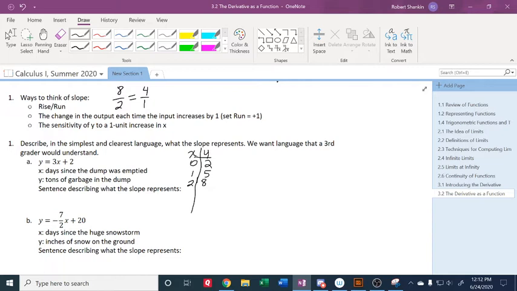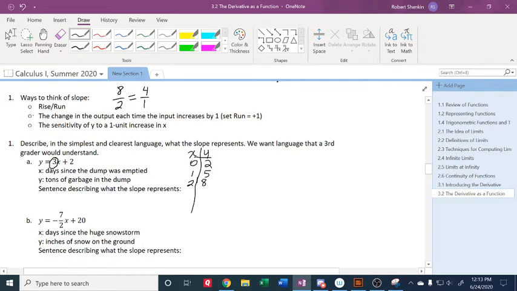Okay. Now the slope is just this. What does that number represent in terms of what's going on here? So every passing day, the tons of garbage increases by 3. Very good.